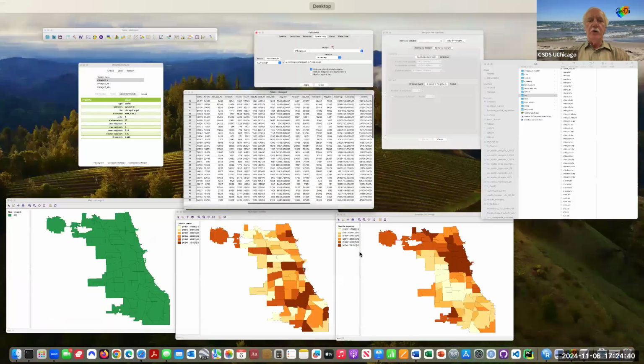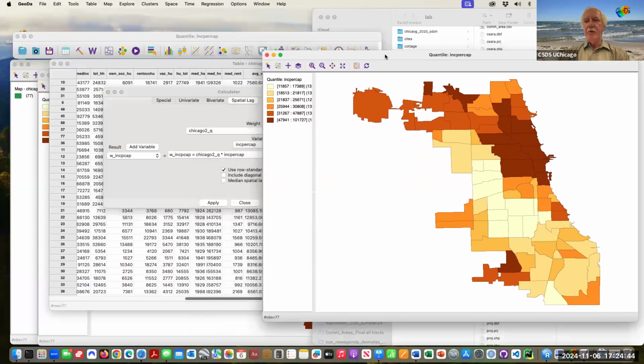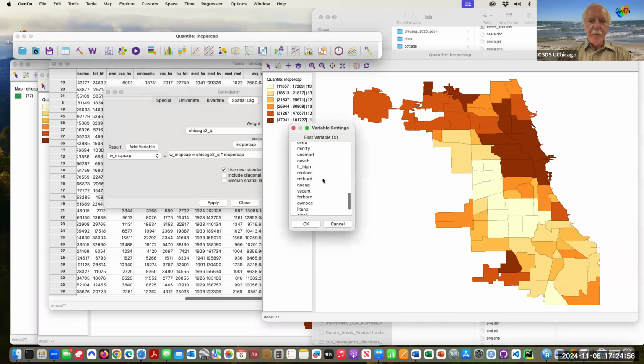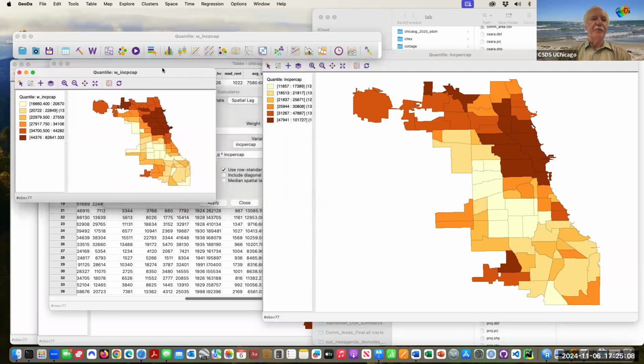And what I want to do is look at our original map here, and I'm going to map, just like I did with the random ones, quantile map 6, and I'm going to pick the average of the neighbors, W income per capita. If you do OK, this is a map.